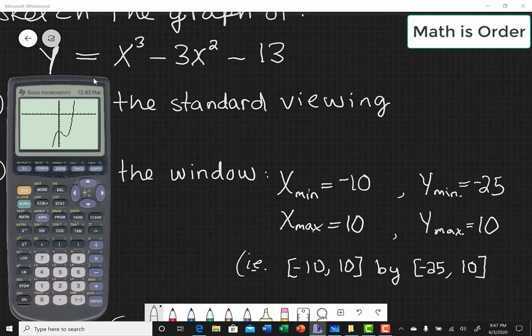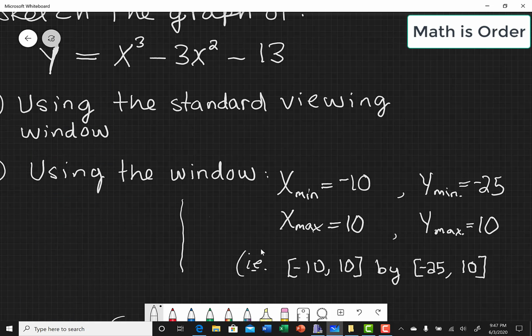Now, if you were going to put this graph or sketch this graph on paper, it would be inappropriate to just come up and do this on your paper, right?